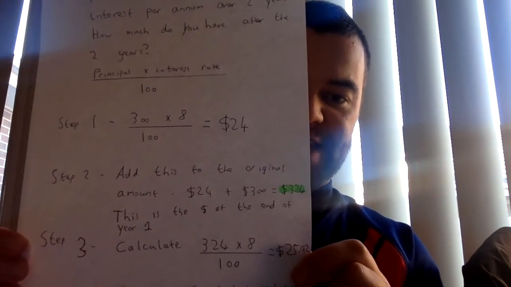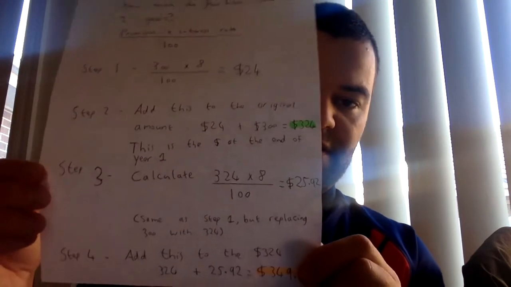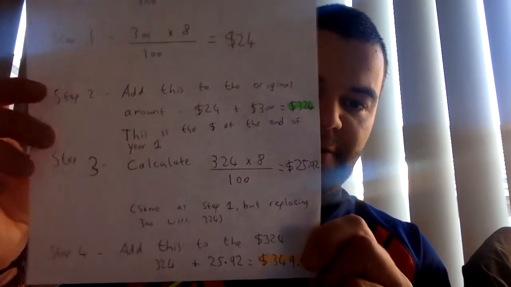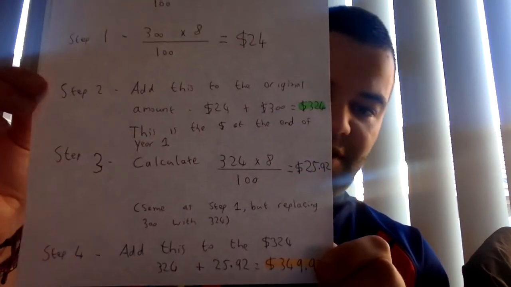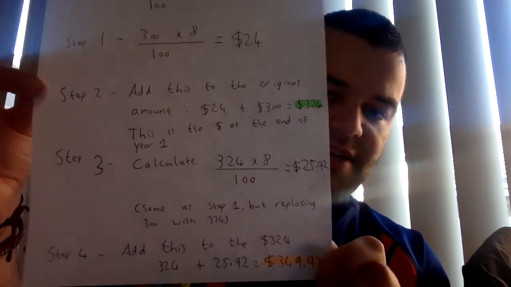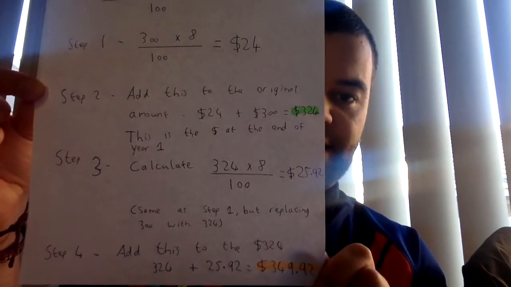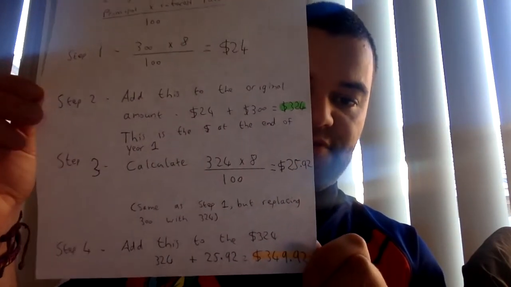Anyway, that gives us, as you can see over here, $25.92. So that's the interest we get in year two. And then we add that to the $324, giving $349.92. So that means that overall, after the 2 years, the $300 has become $349.92, just under $350, which is a pretty good return.